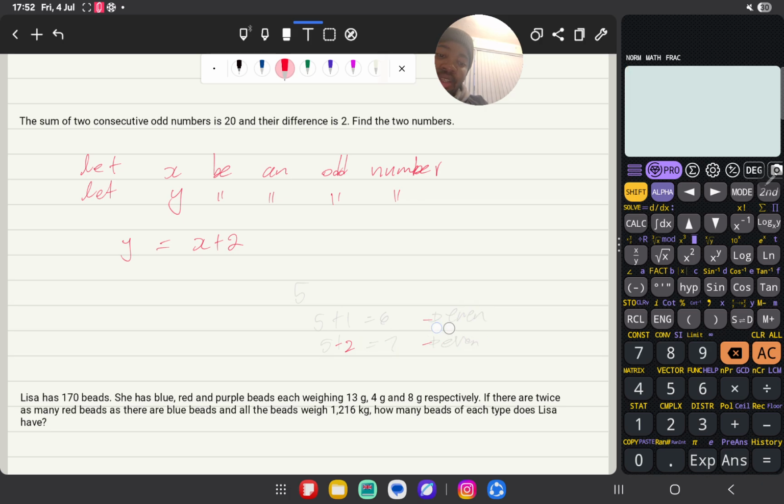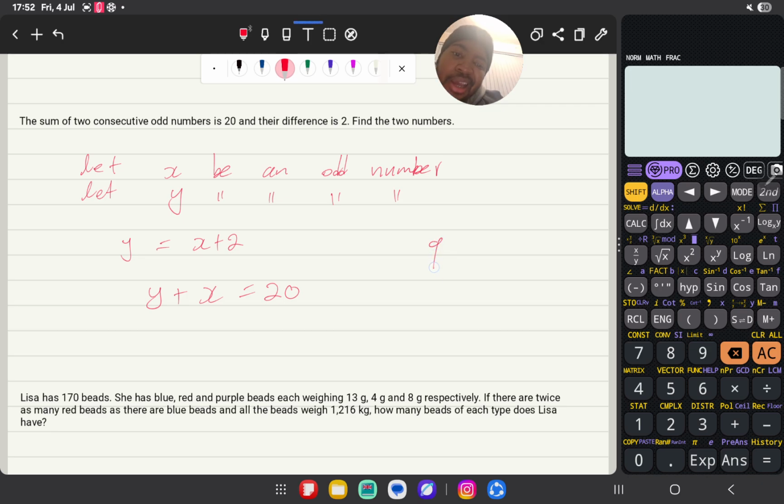That's the first thing we have. But they say that y plus x equals 20. The sum of two consecutive odd numbers is 20, and their difference is 2. It makes sense why the difference is 2, because for every two consecutive odd numbers the difference is 2.